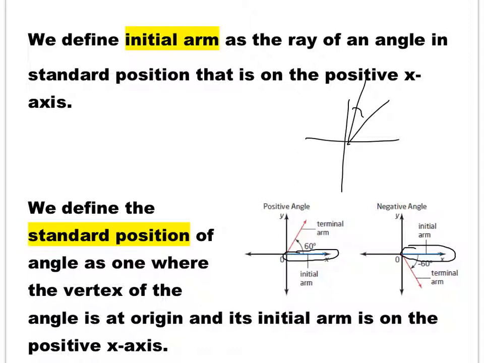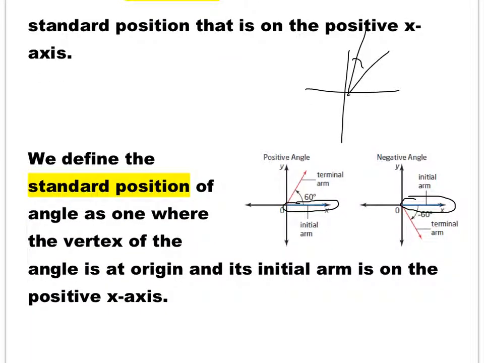Now, we call the standard position of an angle to be an angle where one of the legs, which is the initial arm, is on the positive x-axis, and the other one is going to be rotated about the origin, which is going to show you the angle. This is what we call standard position. Like this one. It's showing an angle of 60 degrees.